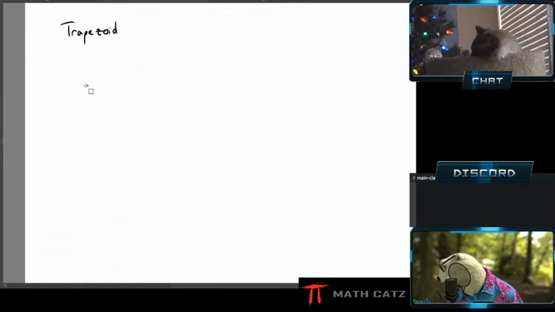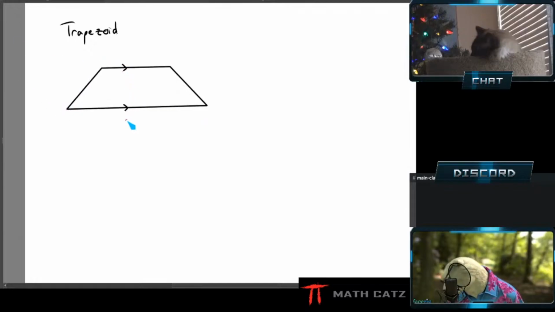Let's draw one. Oops, not a square. Remember the trapezoid has, I'll make it two parallel sides, right? They might not look parallel, but that is my intention. Doesn't have to be isosceles. These other two sides don't have to be the same length or anything. Trapezoid.